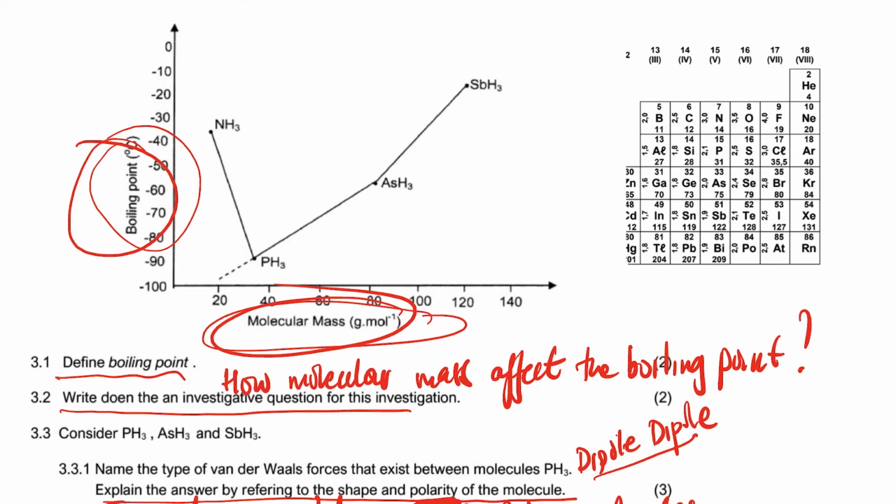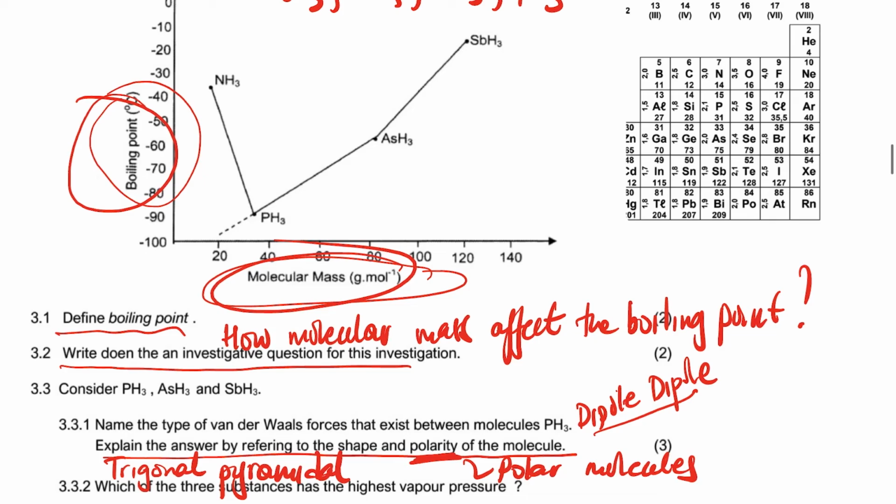Let me put them in order. It's going to be SbH3 first, then AsH3, then ammonia, and the last one is PH3.